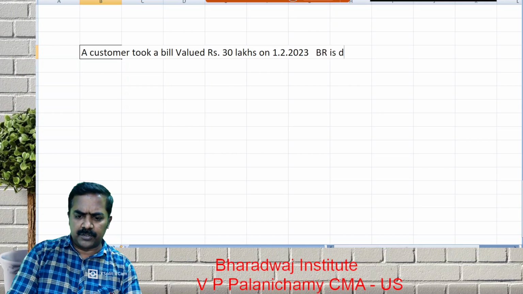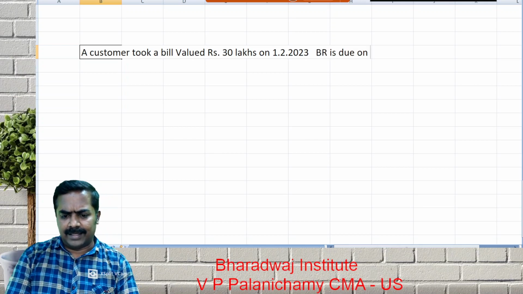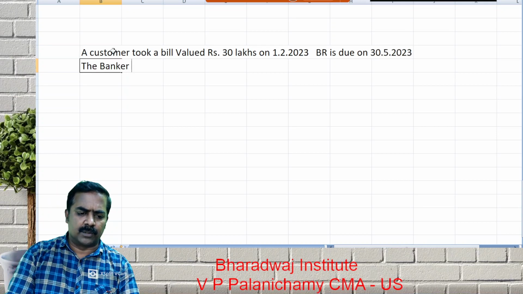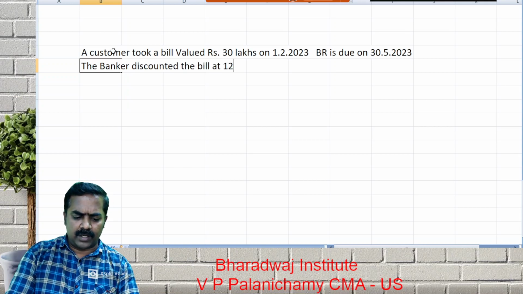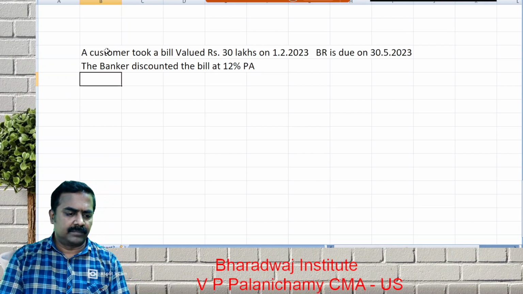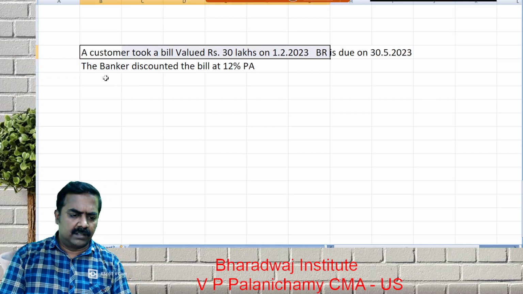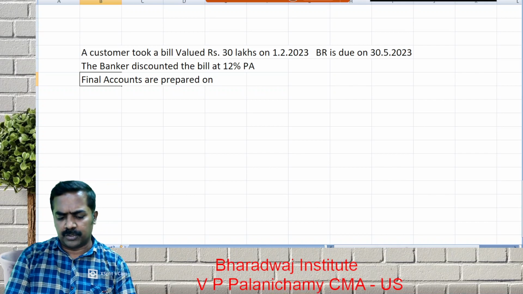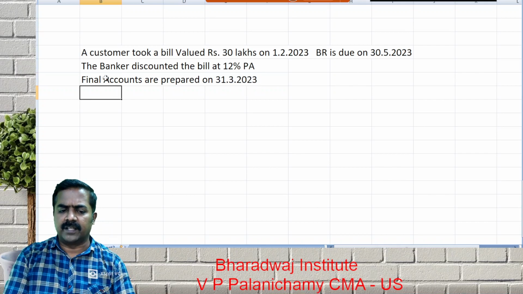The bill receivable is due on, let's assume, 3/5/2023. The banker discounted the bill at 12% per annum. Final accounts are prepared on, let us assume, 31st March 2023.